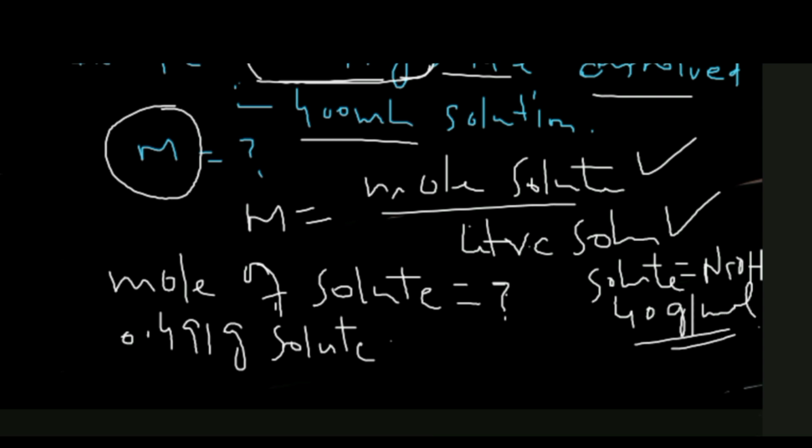So this is the formula mass of sodium hydroxide, which is the solute in this example. We have 0.491 gram of sodium hydroxide, and we will now determine the moles of this solute. We write 40 gram of NaOH per mole.